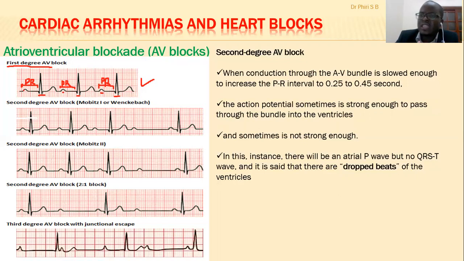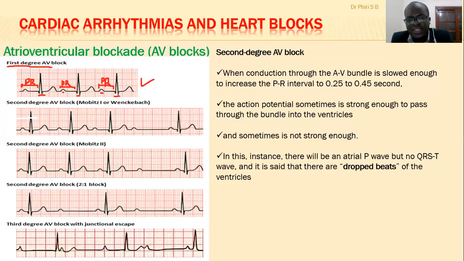So in the first degree, all the P waves were being conducted to the ventricles. But here now you have prolongation of PR, but on top of that, you have a missing beat, or a missing QRS complex. So not all the P waves are being conducted to the ventricles. Then you have a second degree AV block.